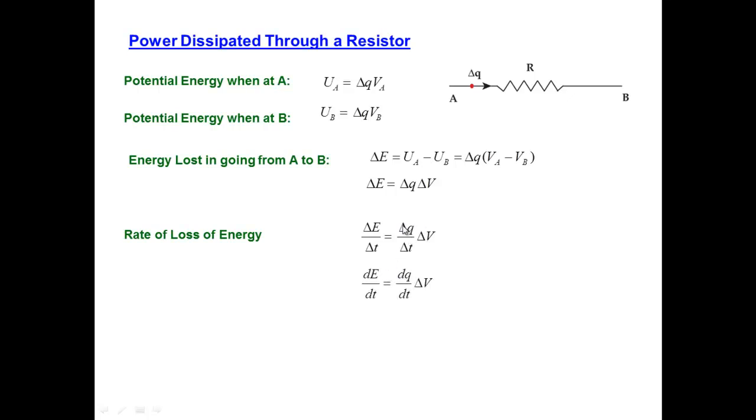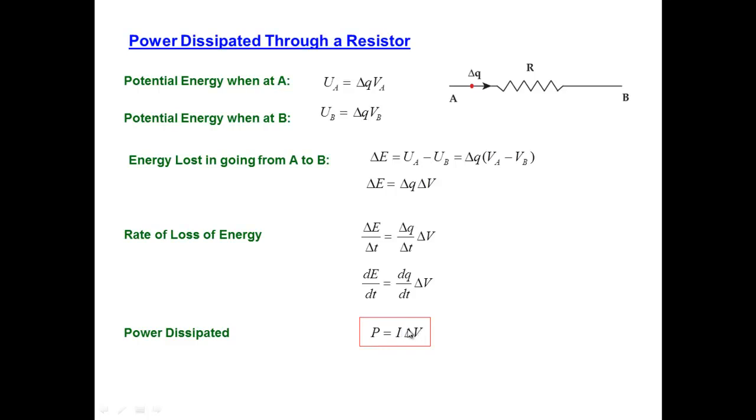We can take the deltas and turn them into small differential quantities and make this an exact relationship. So this tells us dE/dt, which is the rate of loss of energy, or the power dissipation, equals the current dQ/dt times the voltage across the resistor, delta V. So power is just current times voltage.